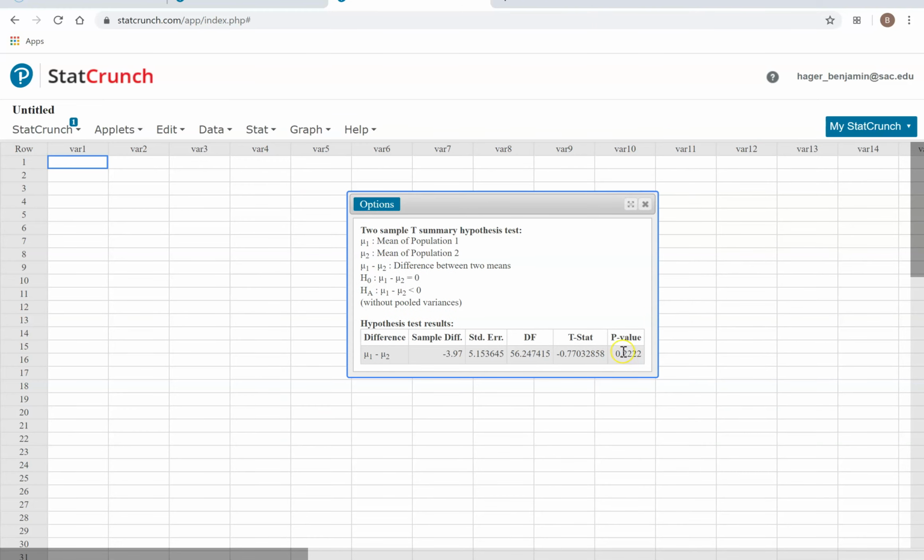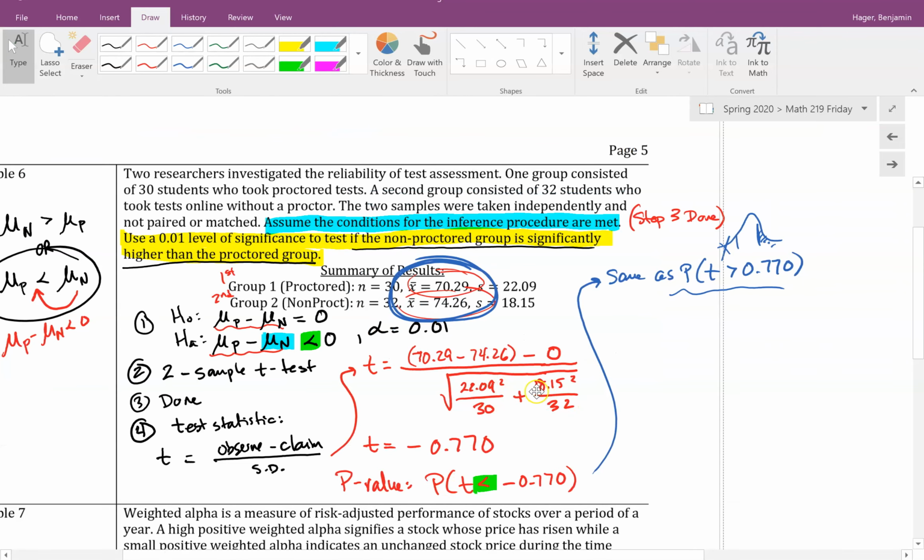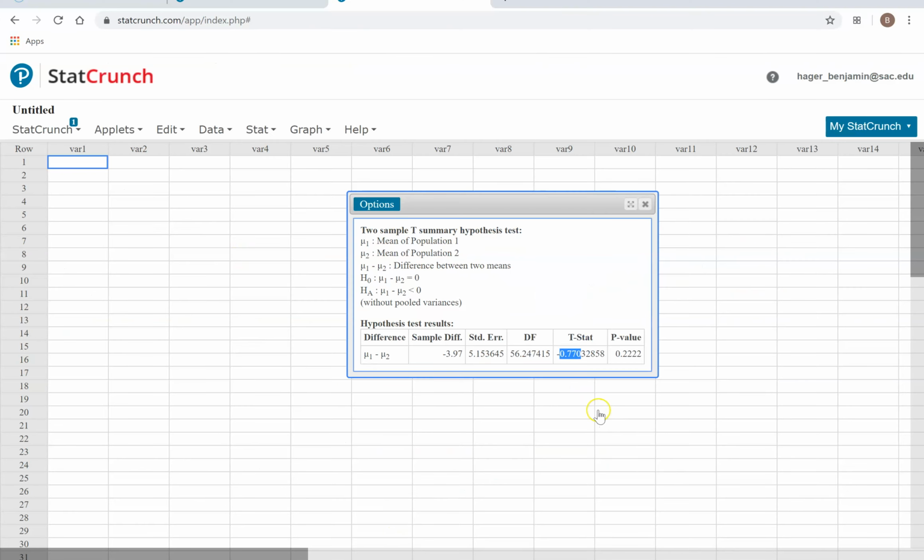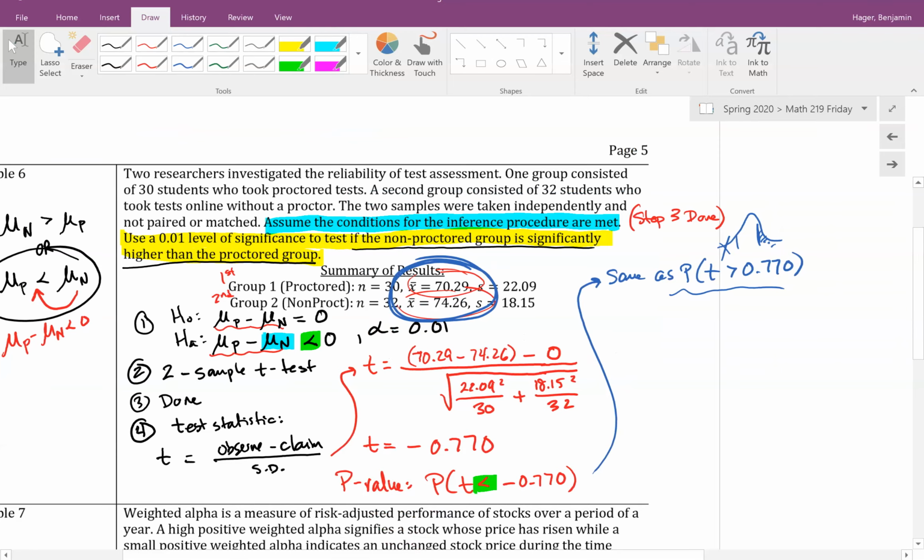Really, really close still. Still 22% and change, still negative 77 point. This is closer to mine actually, which makes sense because the one I wrote, I didn't pool them. These are not pooled, I'm treating them separately. Anyways, I got a p-value of over 20%, so that's large.